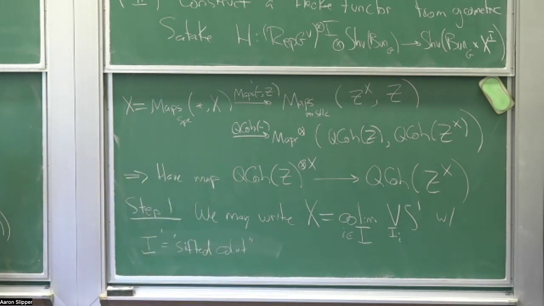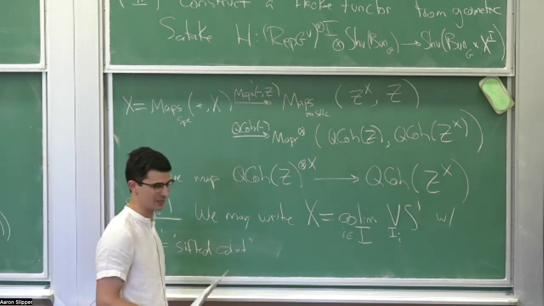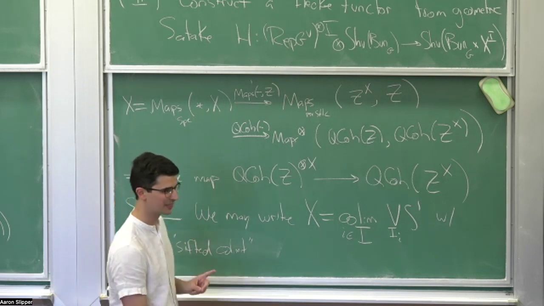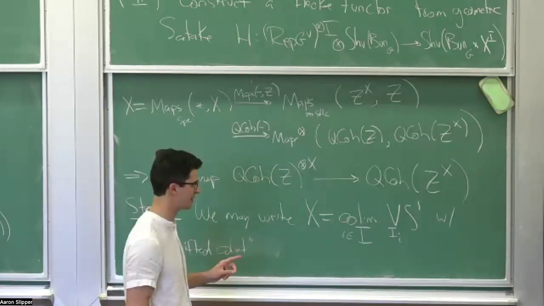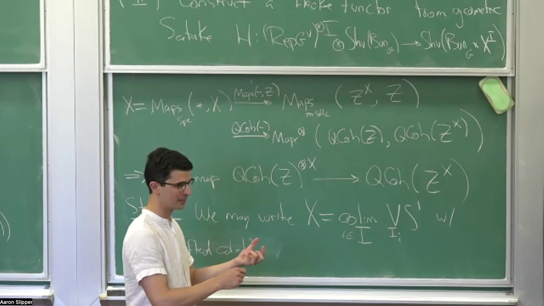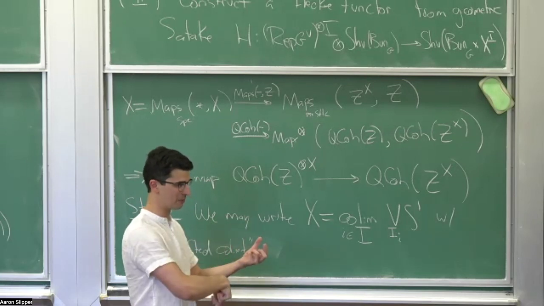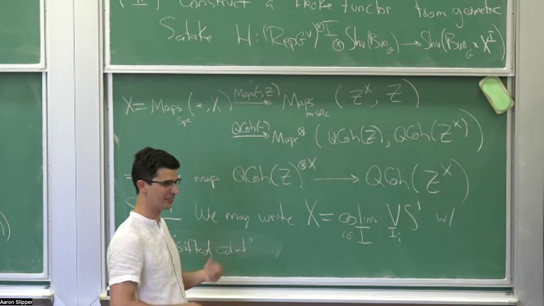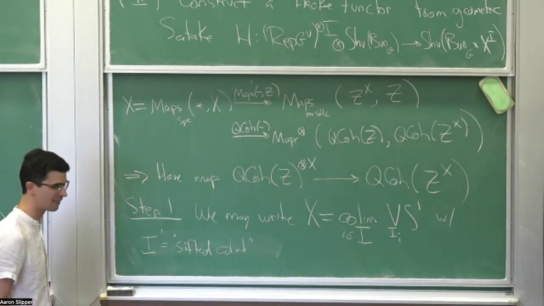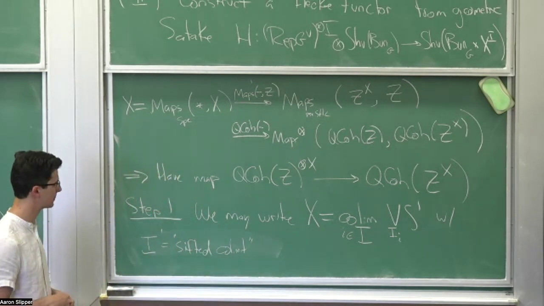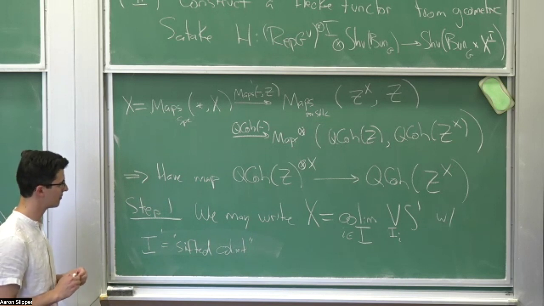Is this actually very obvious if you think X is a CW complex or something like that? Yeah, that's as far as I could follow as well. So for S1, the diagram to keep in mind is point union point maps to the point, and then you take the homotopy pushout. Can you just say right away that you can always write X as a colimit of just finite sets?